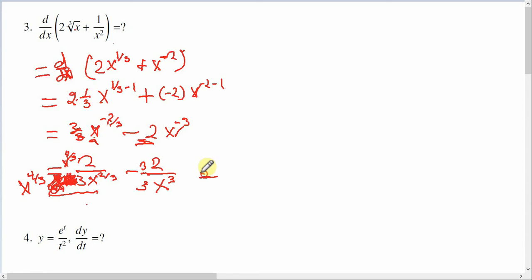So this is going to have a denominator then of 3x cubed, because that's the common denominator. And then the numerator is just going to be these two, so I'm going to have 2 times x to the 4/3. That's this first term, minus 3 times 2, which is 6.